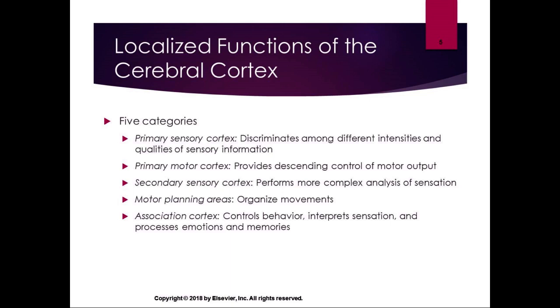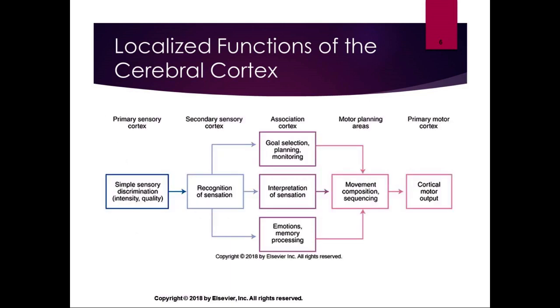So the association area makes up a huge percentage of the cerebral cortex, and then those individual other areas do specific things. So here's sort of the layout of how things happen in those different areas.